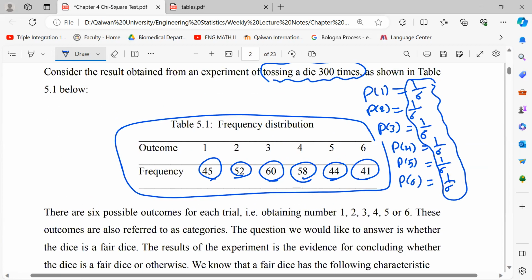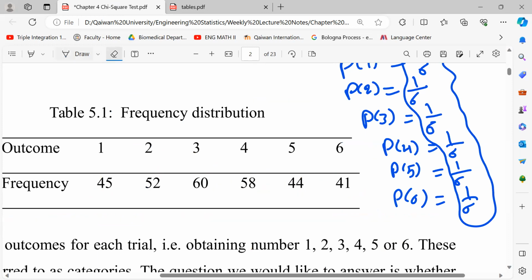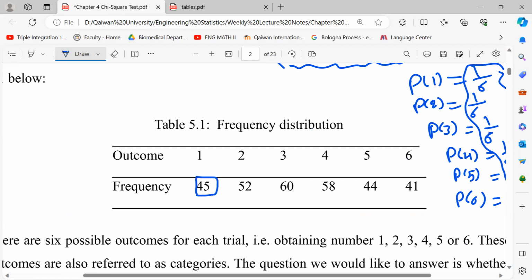Here, in the examples or questions, these frequencies which are given are called observed frequencies.